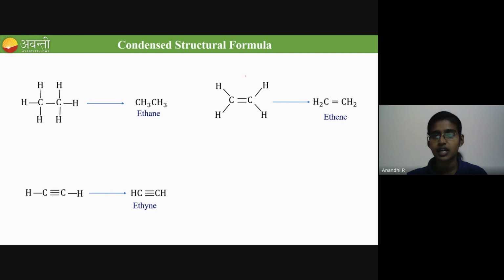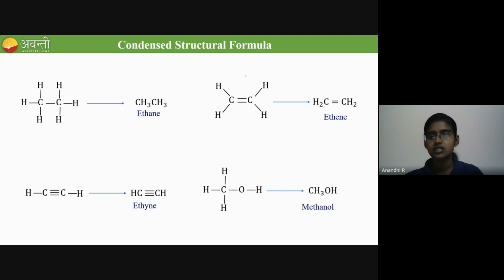So this is the condensed formula for ethyne. And what is the fourth molecule we have seen? It is methanol, right? How many bonds are there in methanol? There are 5 bonds in methanol. But in condensed, they are just writing the formula CH3OH. Got it? So this is about the condensed.